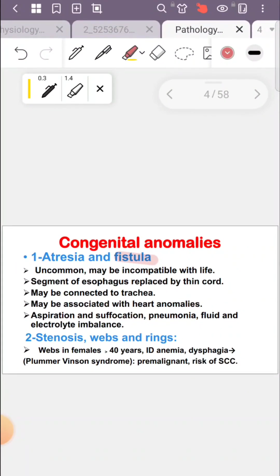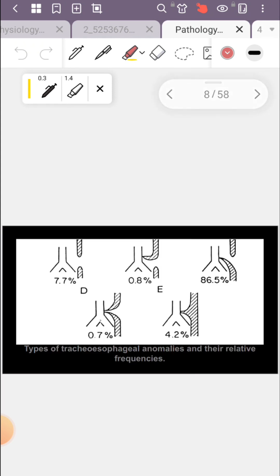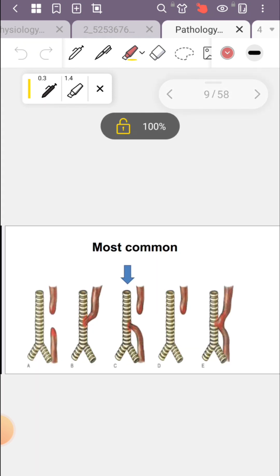This is the most common type, representing about 86%. The clinical presentation is important for this baby because of this atretic part of the esophagus.